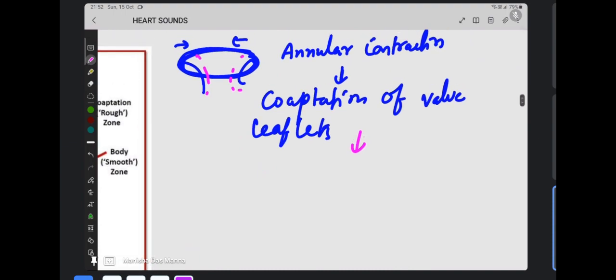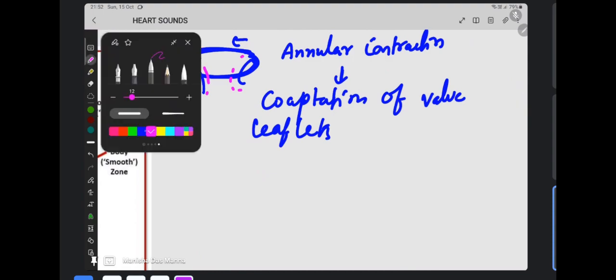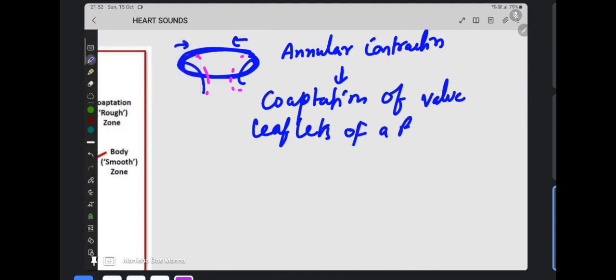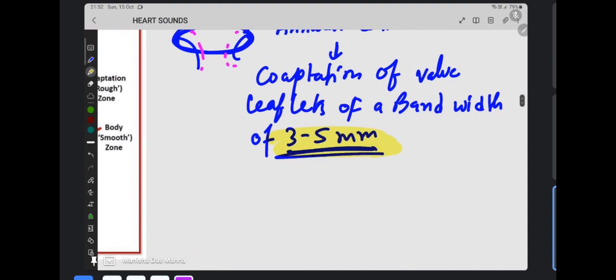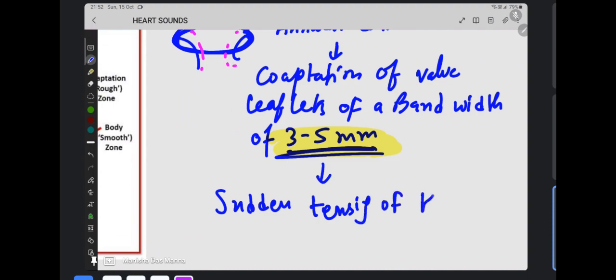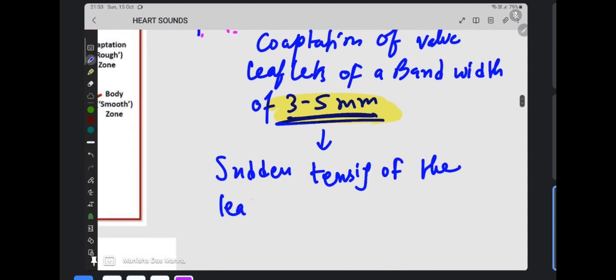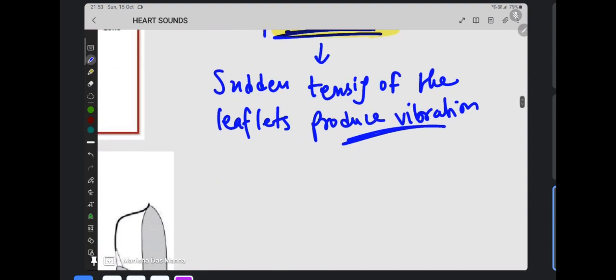Coaptation of valve leaflets of a bandwidth of 3 to 5 millimeters, and then sudden tensing of the leaflets produces vibration, and this vibration is nothing but S1.